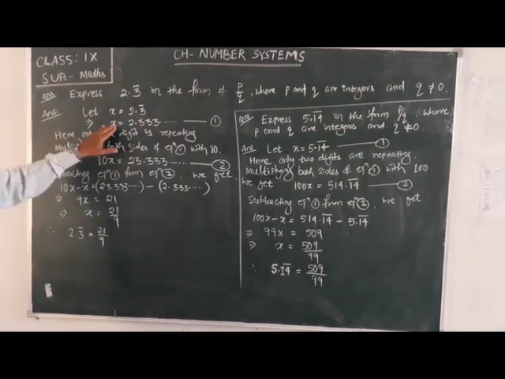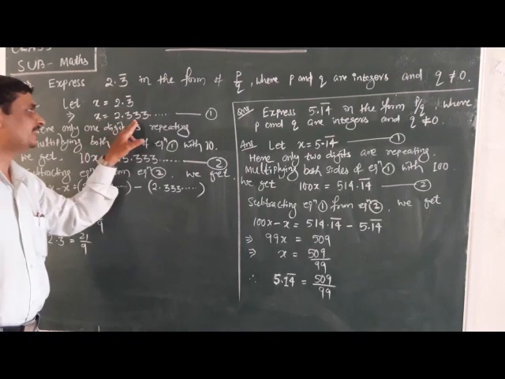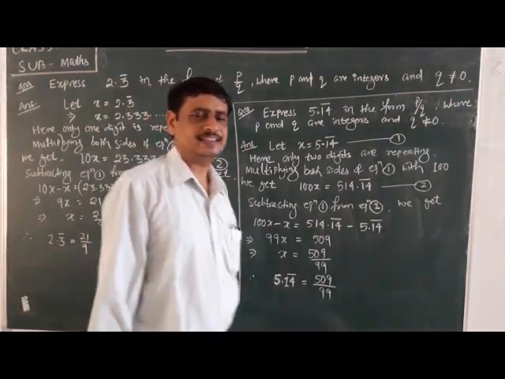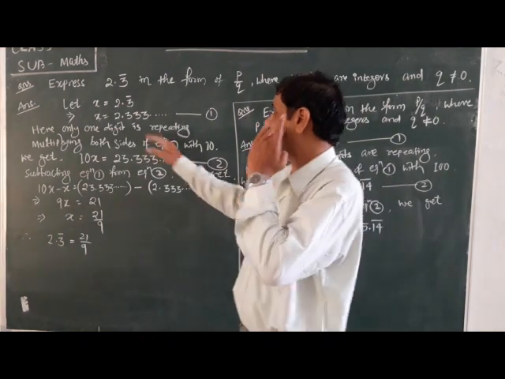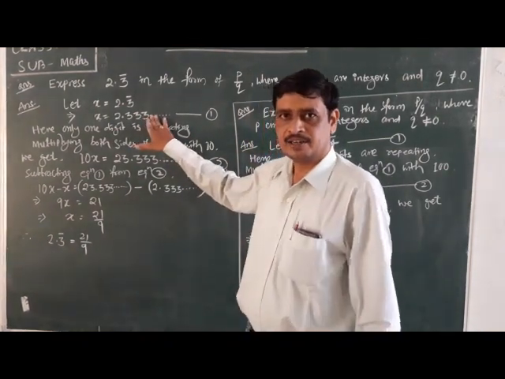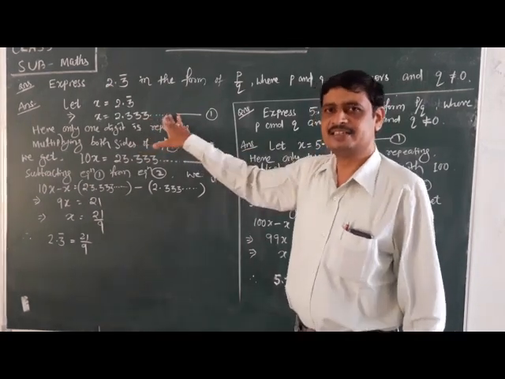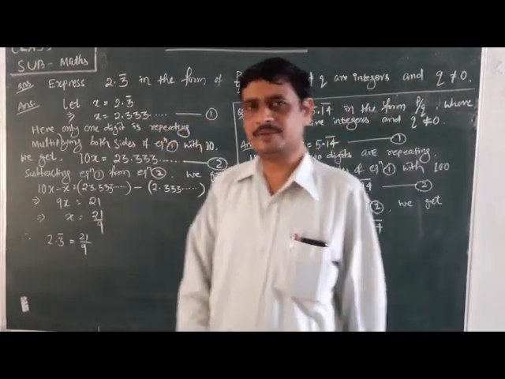It means x can be written as 2.3333, which is repeating again and again. It is not terminated here. Now we have to consider this statement as equation 1.